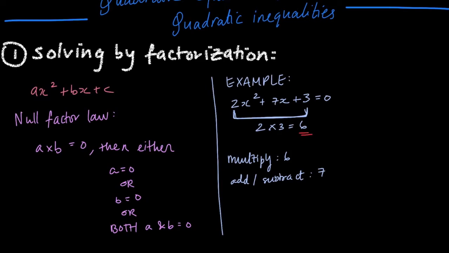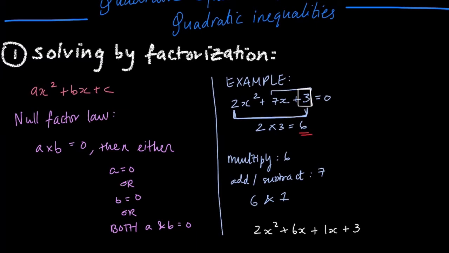So now we substitute this 6 and 1 into 7x plus 3. Let me show you how that works. Our 2x squared stays the same, so we go 2x squared, and then plus 6x plus 1x plus 3. The c value also stays the same.